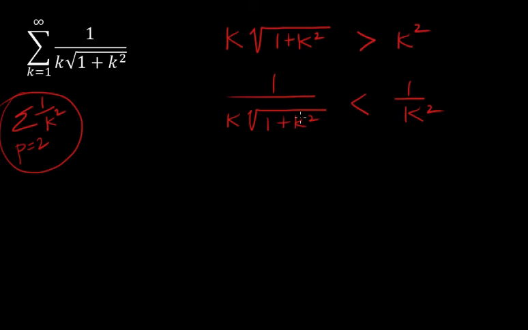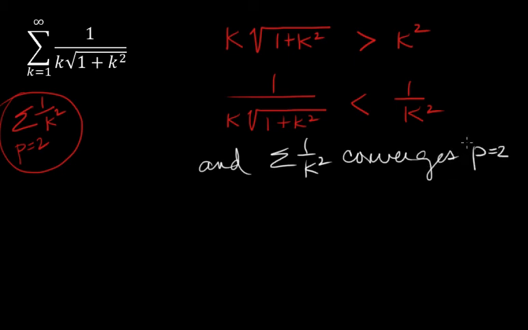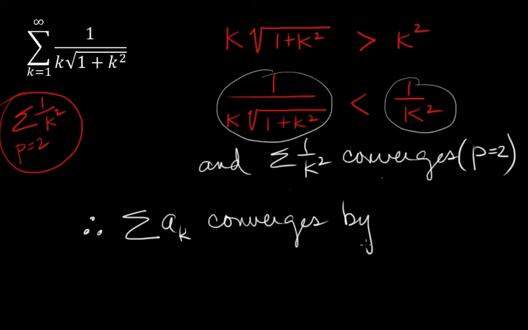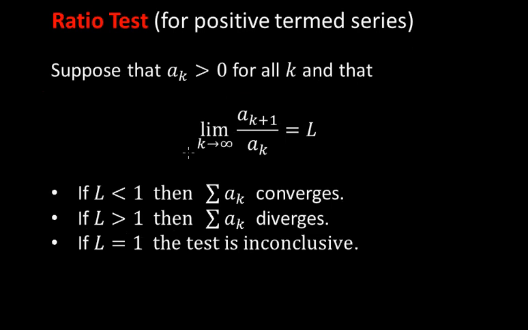So I will say this inequality holds and sigma 1 over k squared converges, p equals 2. Notice I get the inequality, so I get my a sub k underneath my b sub k, and sigma b sub k converges, therefore my series converges. So I'll say therefore sigma a sub k, this one right here, converges by the comparison test.